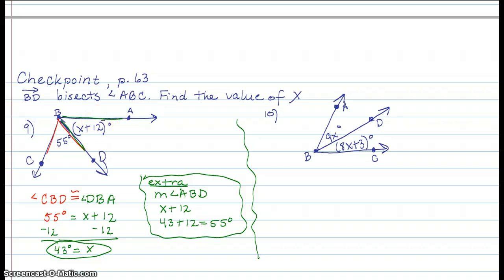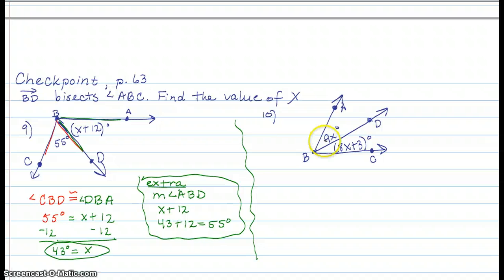So now this one's even a little bit more tricky, so let's see if you can at least set it up, try to solve it. If you're not able to, just do it on a piece of scratch paper, then I'll go through the steps and you can make adjustments to your thinking. Okay, so you have the measure of angle ABD.